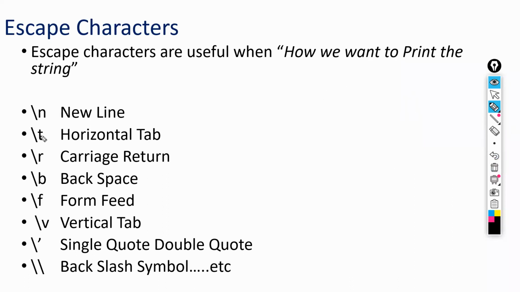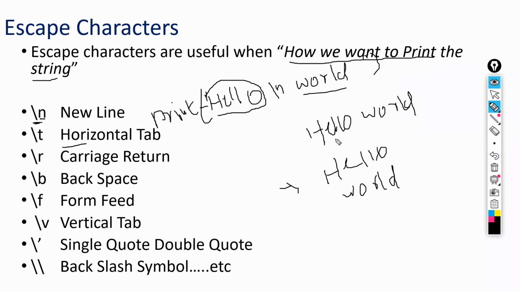And horizontal tab: if I want to print hello with a tab, a tab is nothing but 4 spaces. Just count 1, 2, 3, 4, okay, 4 spaces, and it prints world like this.